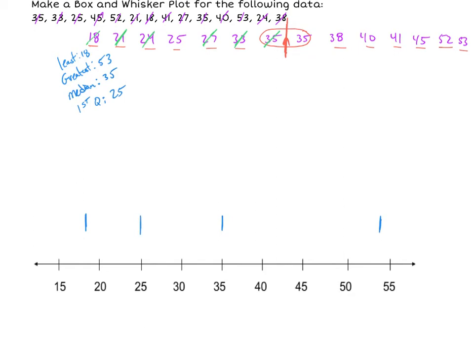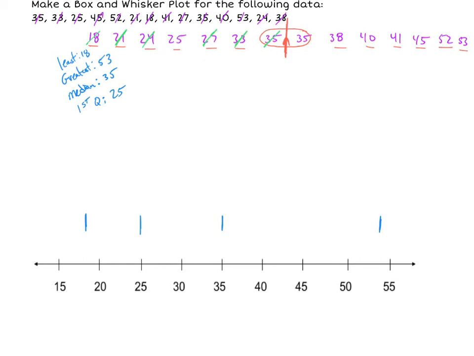See how I got first quartile? Okay. So my first quartile here, I'm looking at 18, 21, 24, 25, 27, 33, and 35. I'm going to cross off and cross off and cross off 24 and 27. The middle is 25.